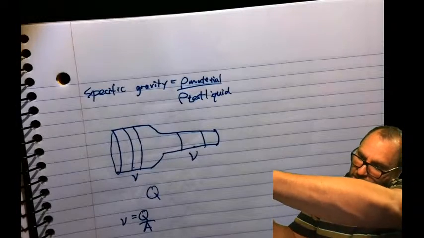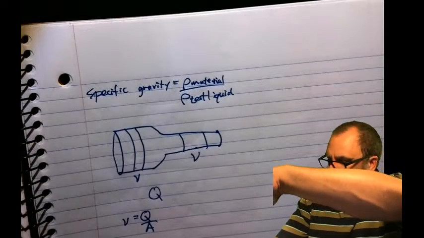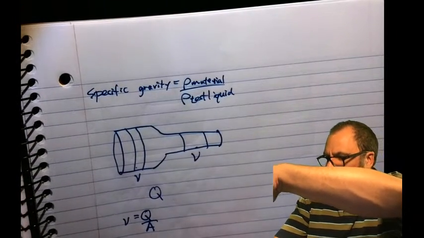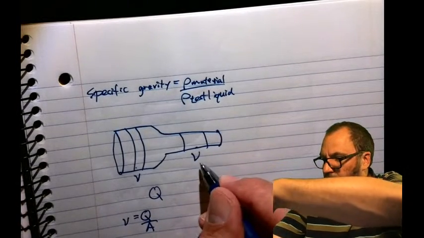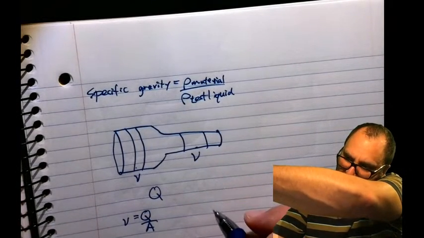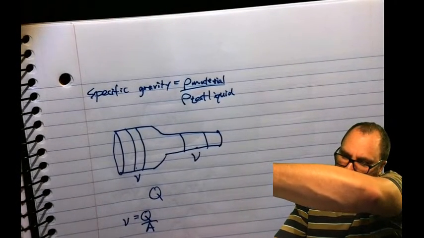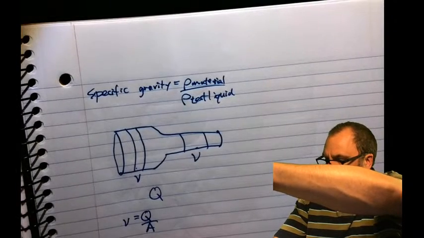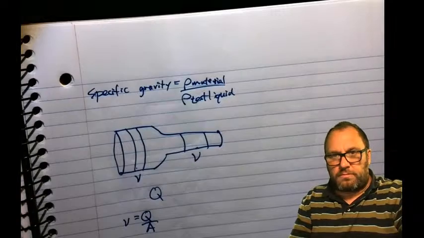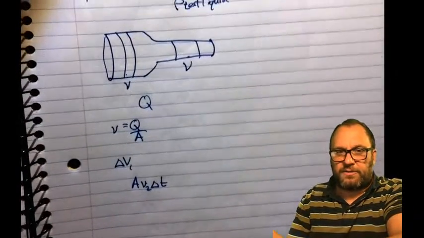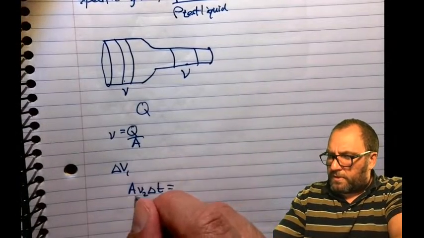Okay. So, yes, we can write this. We could also write that if my change in volume over here, passing by, has to equal the volume over here. Those things have to be true. So, I can write A, the cross-sectional area, times the velocity, times my time, and this has to equal the, so this is area 2.